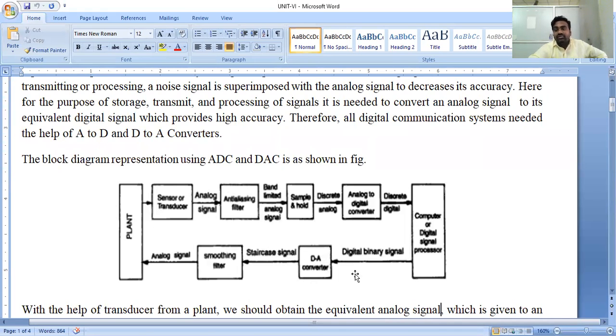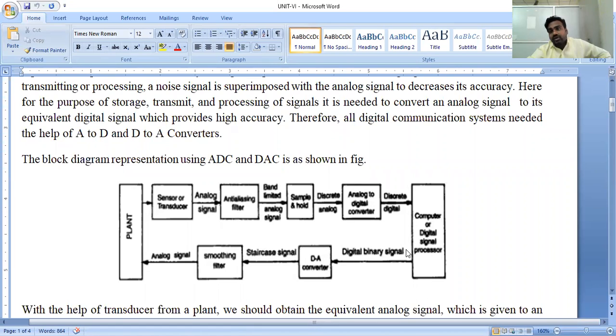So how does the process of converting the digital pulse into analog work?